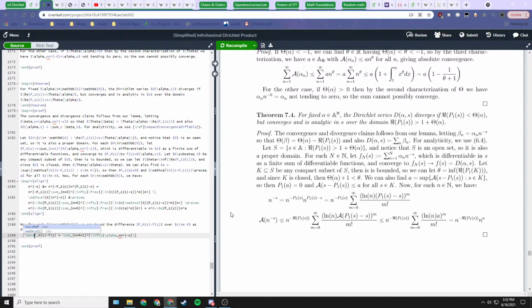We want to take the absolute value of these, alpha sub n times n power negative s, but we know that this is just bounded by, we have our n power negative s is bounded by right here, this whole expression.